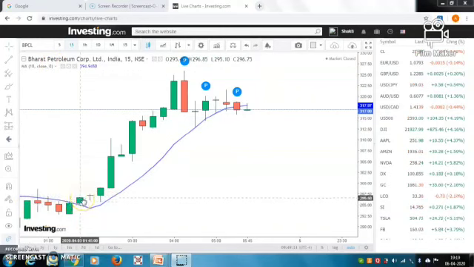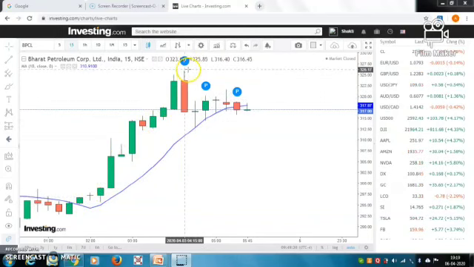This level is around 297. Within that trading day, the high it made was 326. So from 297 to 325, the range is somewhere around 25 to 28 rupees.